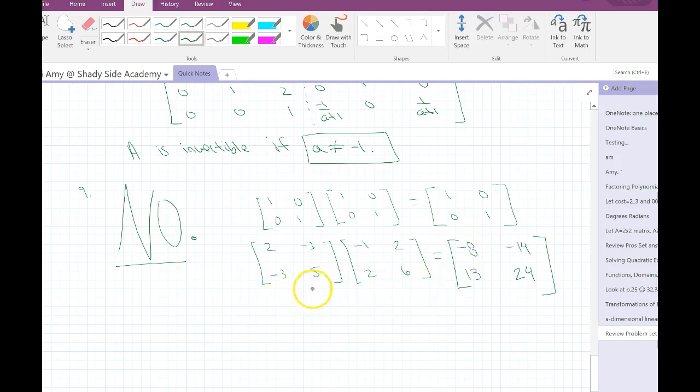So these two symmetric matrices result in a non-symmetric matrix, okay? I guess the only generalization you can make about the product of two symmetric matrices is that you get a square matrix, but that's not particularly exciting. So the answer is no.